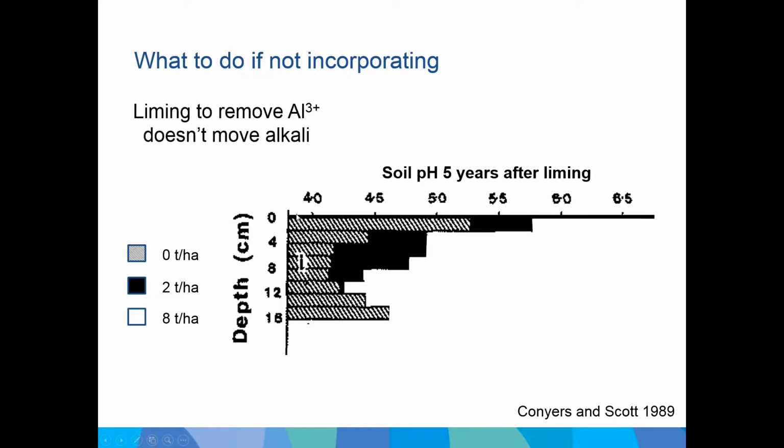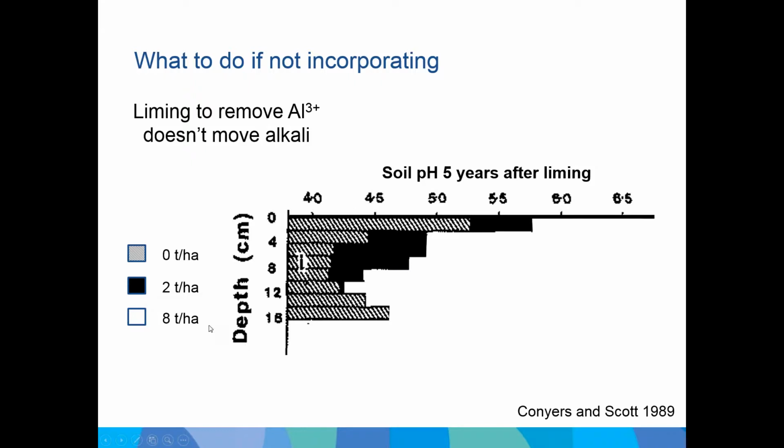And so liming to, in this case, an average of about 5 to remove aluminium will remove aluminium, and that's great, but it doesn't allow the pH increase effect to move down the profile. So at our lower liming rates, the lime doesn't move much at all. It works where you put it and where you incorporate it.